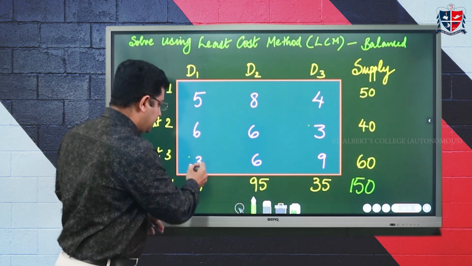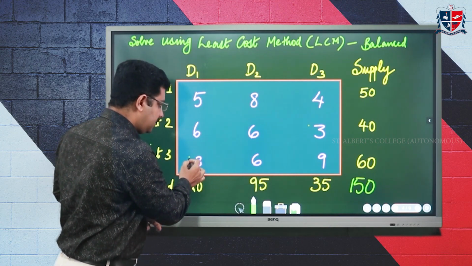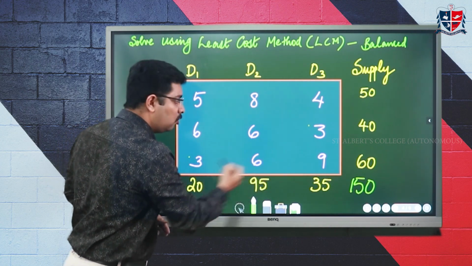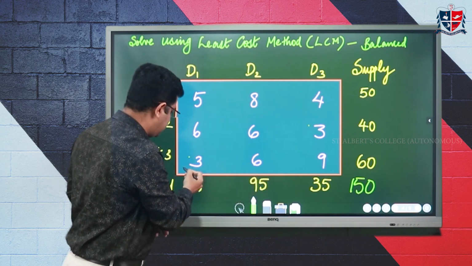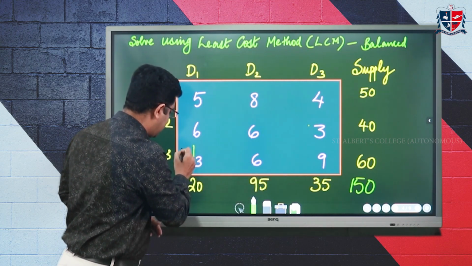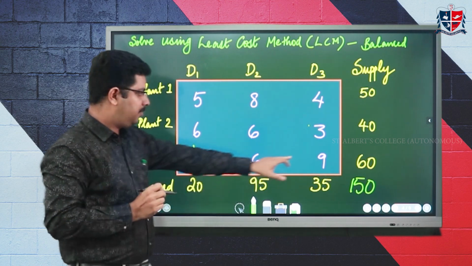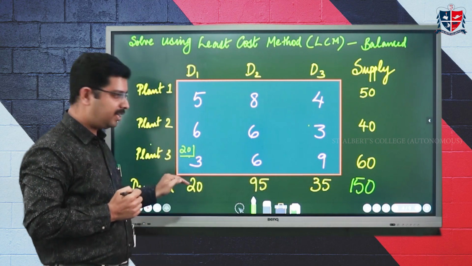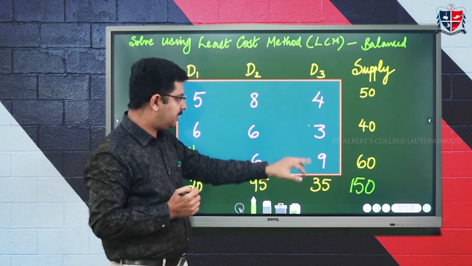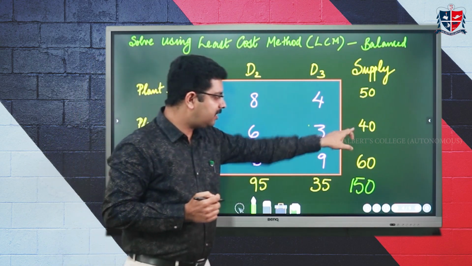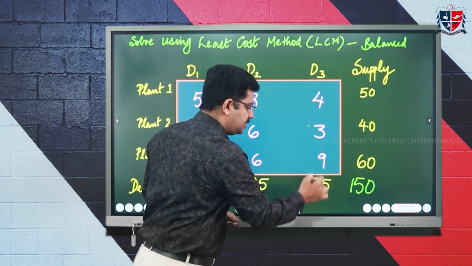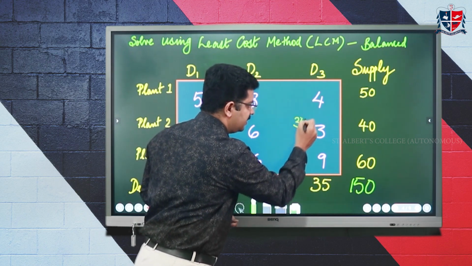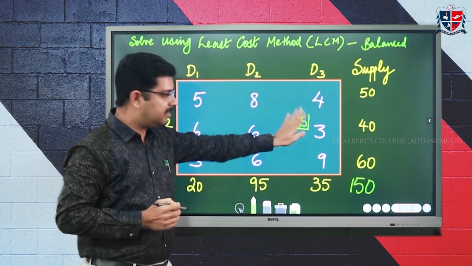For example, here the lowest value is to be allocated. Here the allocation can be 20, because between 60 and 20, 20 is the lowest, so allocate 20 here. Now, if you take this other 3, with 40 and 35, which is the lowest? 35 is the lowest, so allocate 35 here.